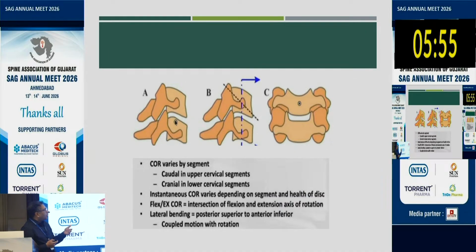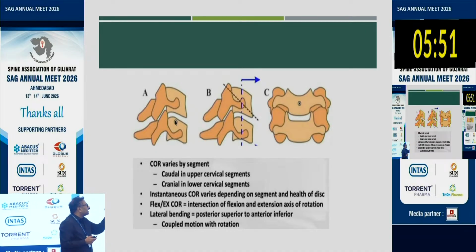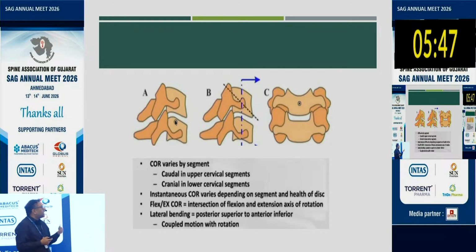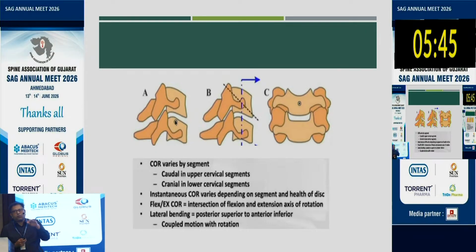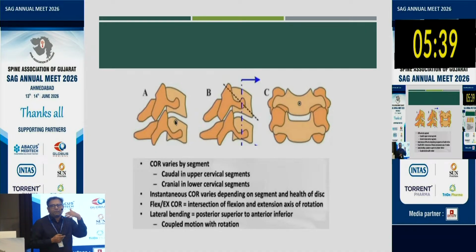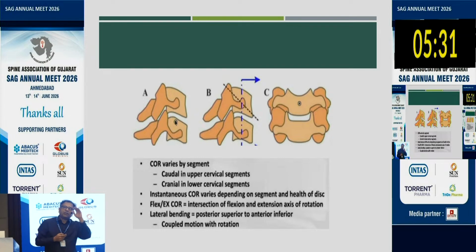We also have to know that there is something called the axis, the center of rotation. If you look at the upper cervical segments, it is on the lower part. That's why the osteophytes form at the lower lip. They don't form in the upper lip in the initial stages in the upper cervical spine. And if you go to the lower cervical spine, then they tend to form superiorly.